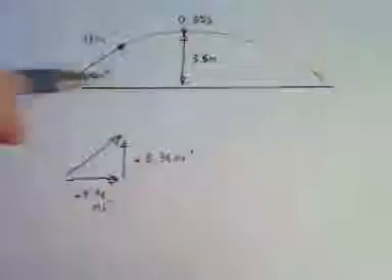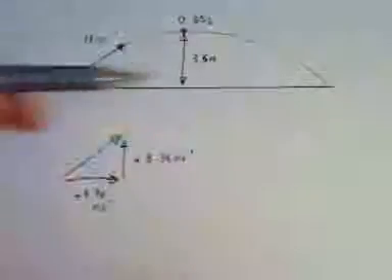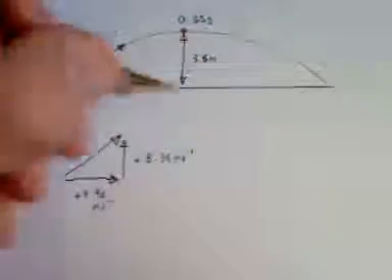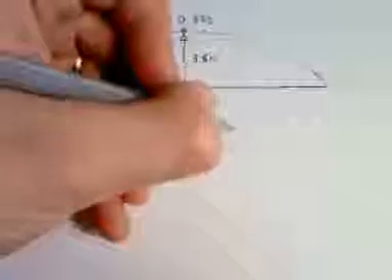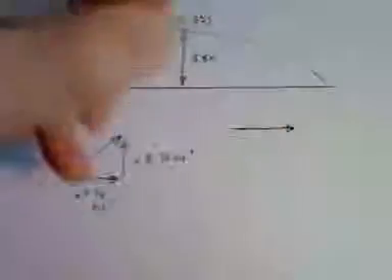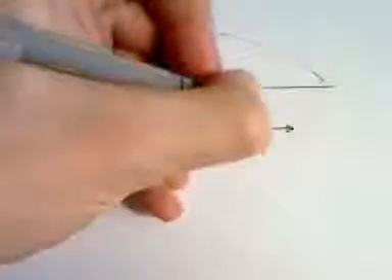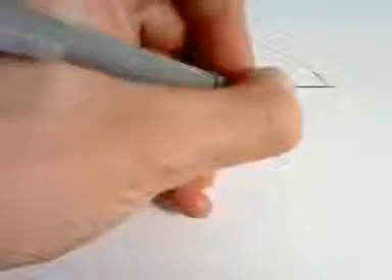Well, because the projectile is launched on level ground, what we find at landing is the situation is the horizontal velocity remains constant throughout, since there's no horizontal acceleration.